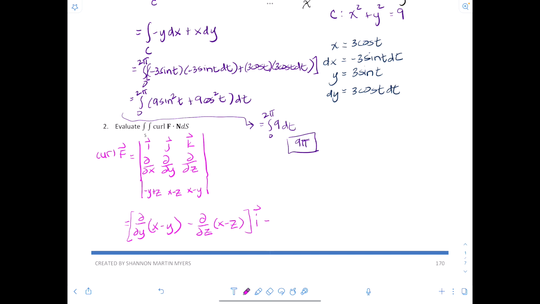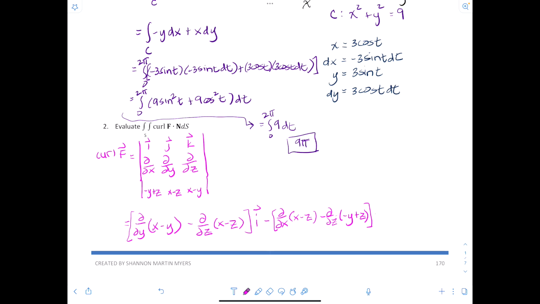And then minus, now I expand about j, we'll have the first partial with respect to x of x minus z, minus the first partial with respect to z of negative y plus z.